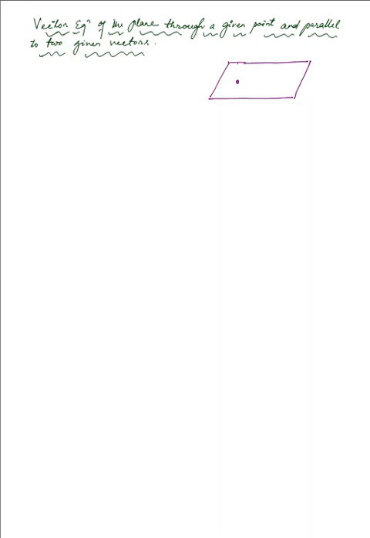Let us say the point is A, and that A has a certain position vector with respect to the origin. We take that position vector as alpha, and now we want the vector equation of the plane through that given point and parallel to two given vectors.